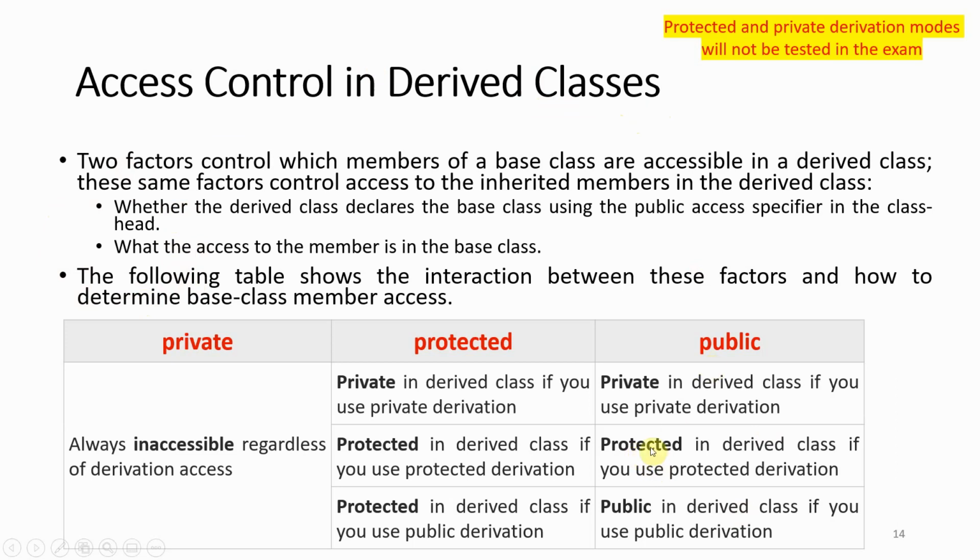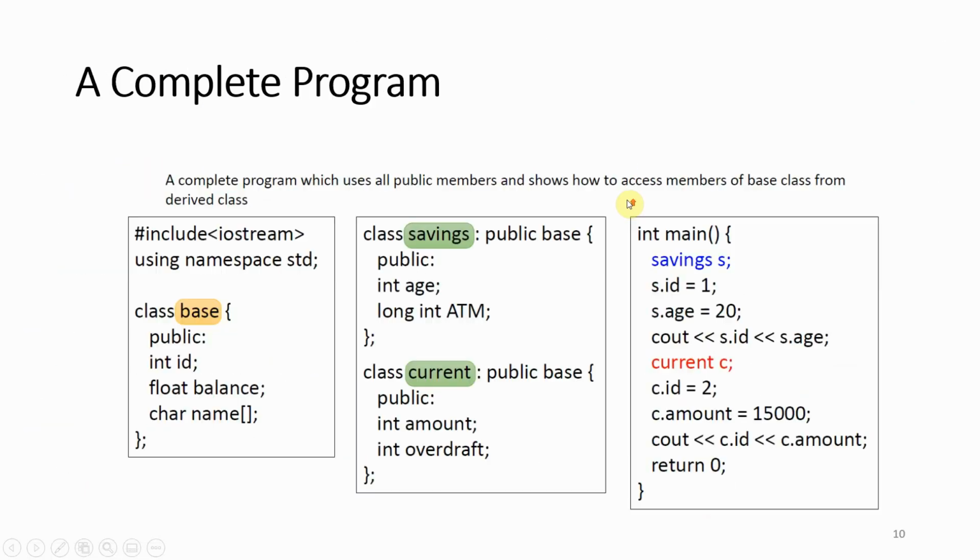Because if you look at protected and public, which one is more strict? Protected. So everything becomes protected. If both of these factors are public, public and public, everything would also be public for the derived class.